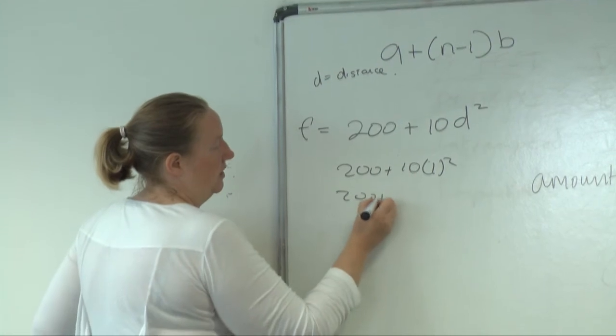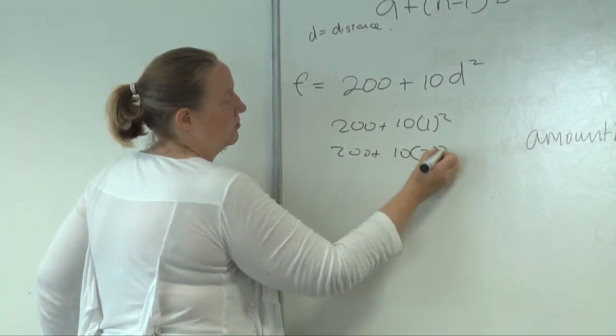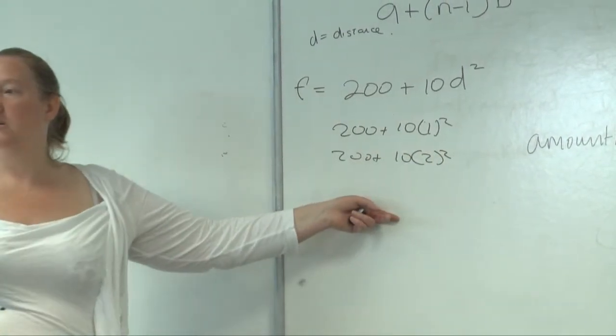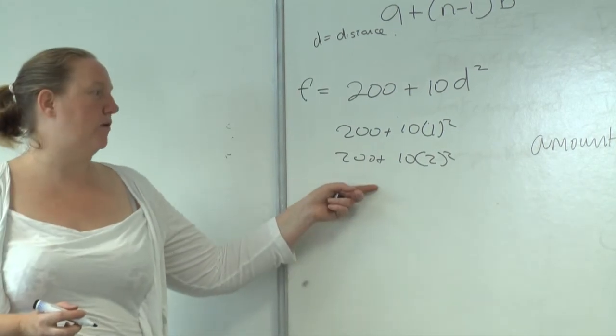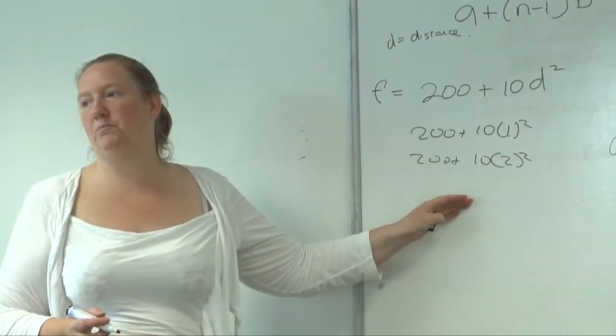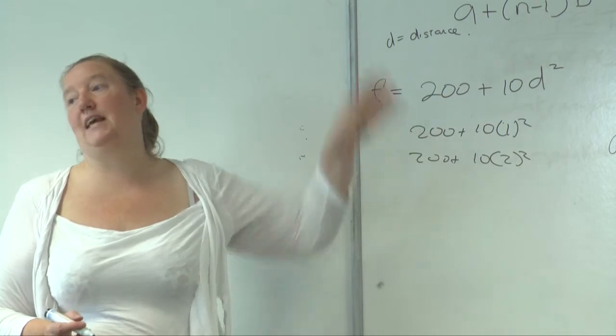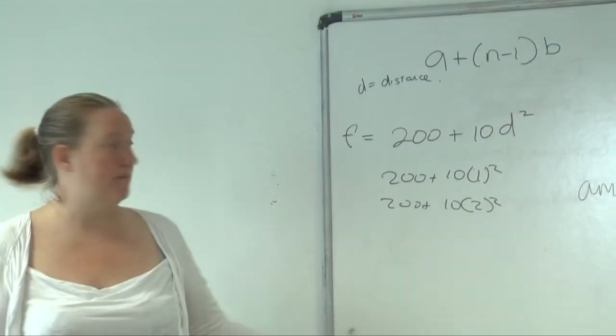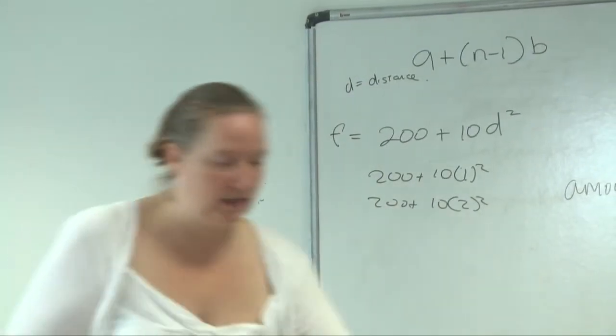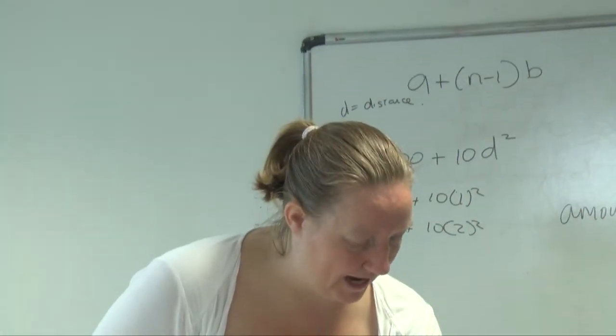Then 200 plus 10 by 2 squared. And work them all out. And I think what we worked out is at first they're cheaper, but if you go on longer journeys, they get really expensive.